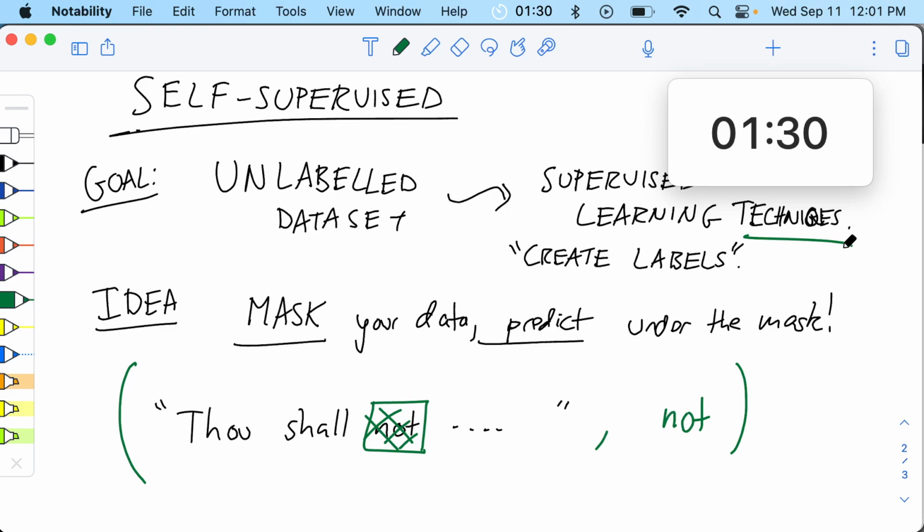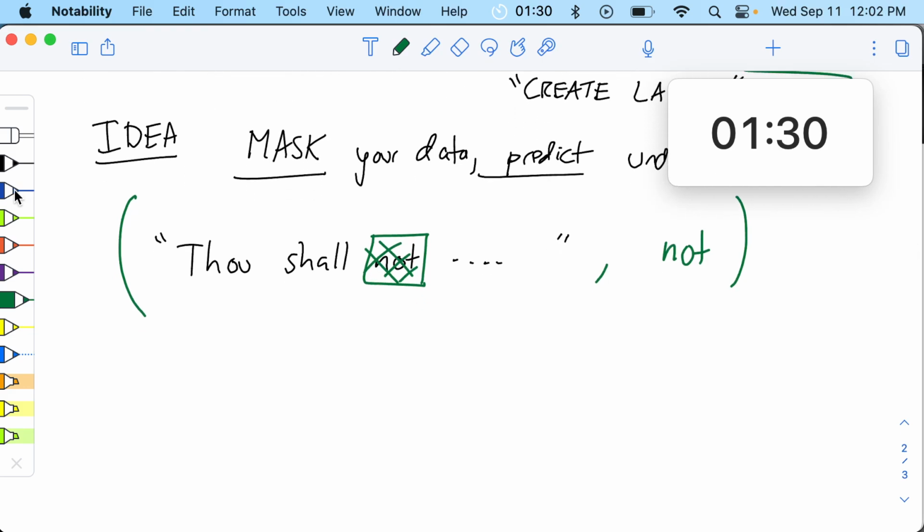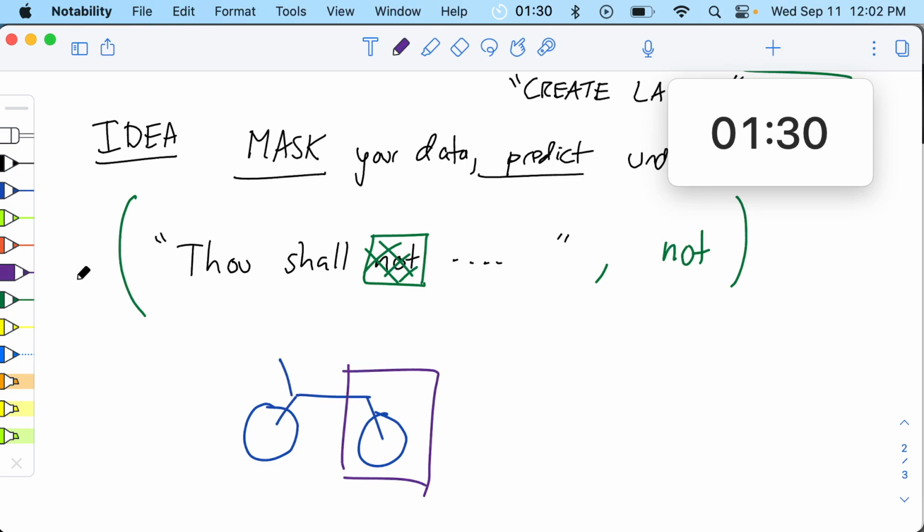And you can use this for words, you could use this for the whales or the aliens, right? You could cover up parts of the thing and try to predict it. You could cover up parts of an image and say, please predict what is behind the blob, right? So let's say I have a picture of a bicycle, like this, and I cover up this part of the image, and I say, I'm covering this up.